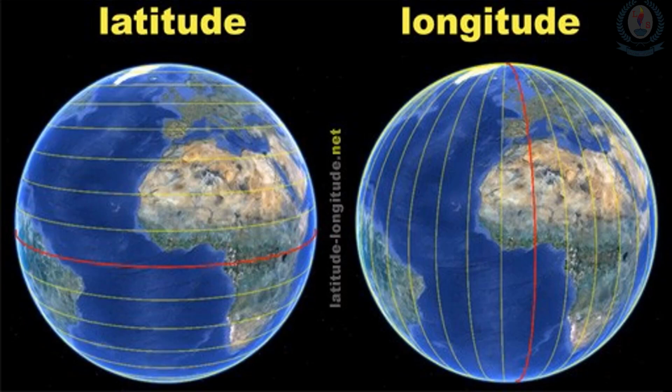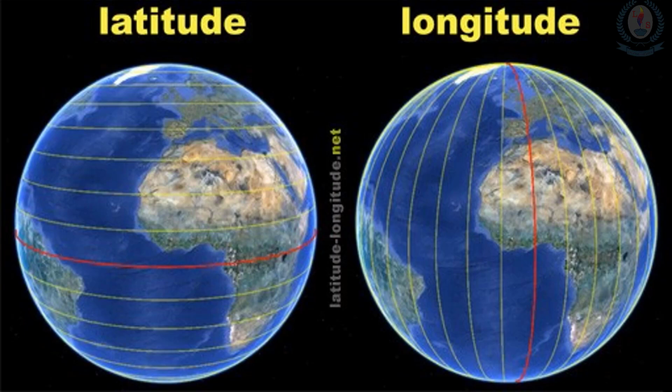The names of the latitudes are Equator, Tropic of Cancer, Tropic of Capricorn, Arctic Circle and Antarctic Circle. The lines of latitude are numbered from 0 degrees at the equator to 90 degrees at the North Pole and 90 degrees at the South Pole.